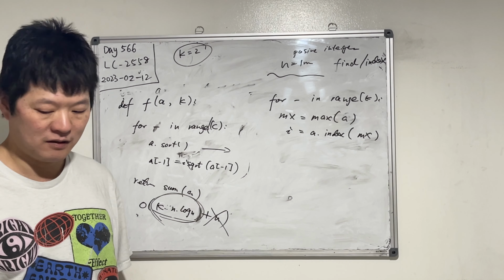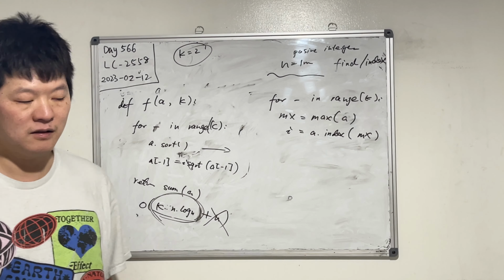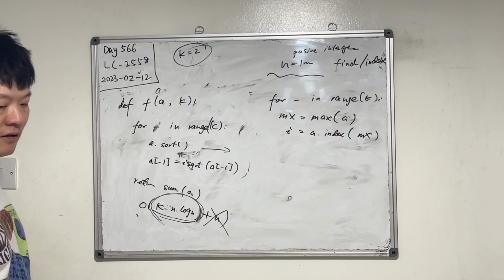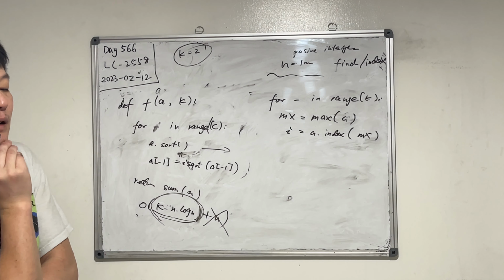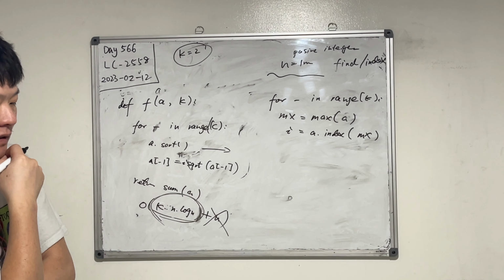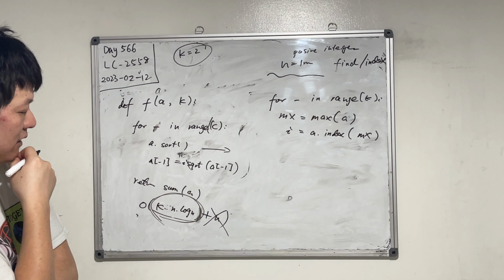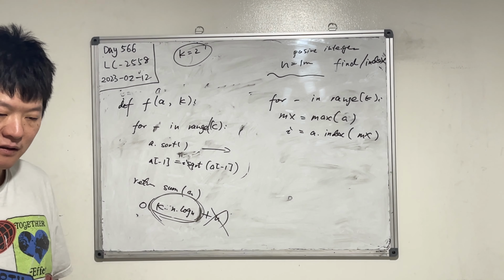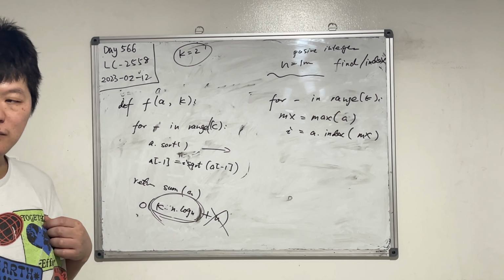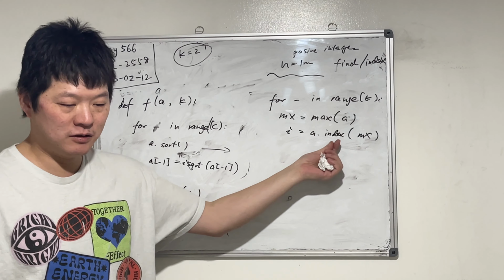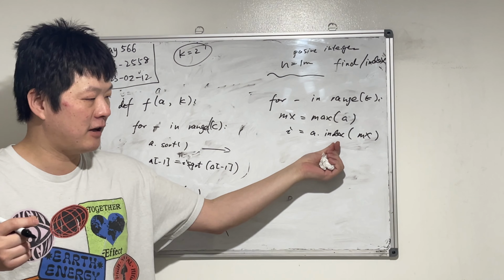But index gives you the index of the value, and you're assuming that the value is there because you asked for it. If it's not there, it will throw a ValueError exception.